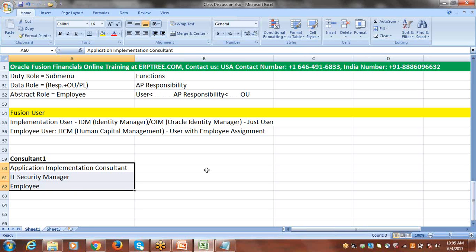And in EBS, when you are doing the setups, we'll be using the system administrator responsibility, right? Do you assign anything to the system administrator responsibility? Primary ledger or operating unit or business group or anything? Do we assign any definitions to the system administrator responsibility?